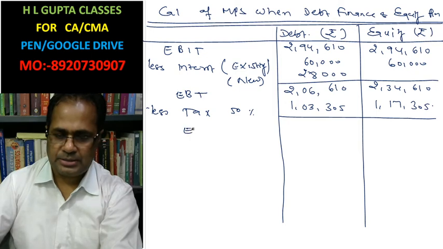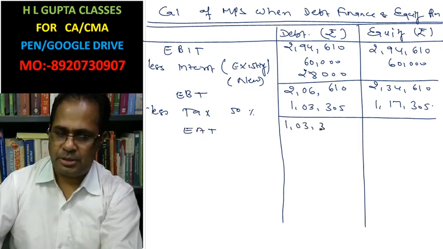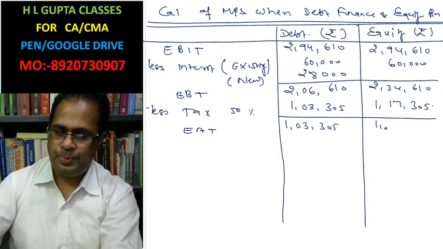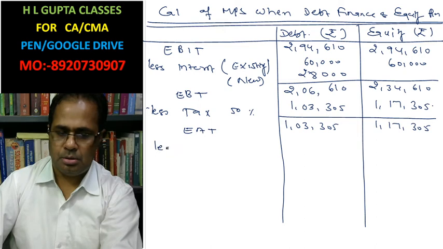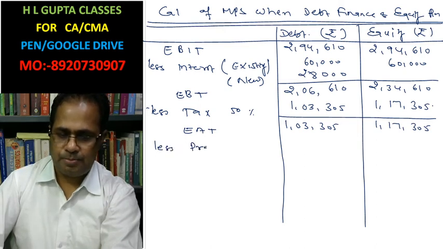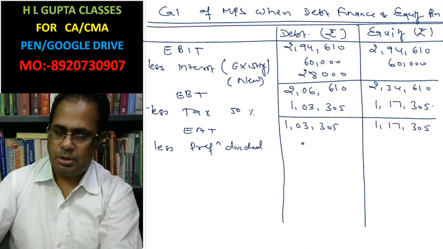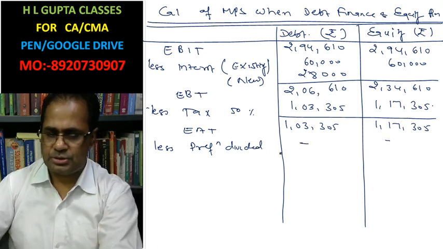Earning after tax is 1,03,305 and 1,17,305, less preference dividend. In this question, preference dividend is not given.